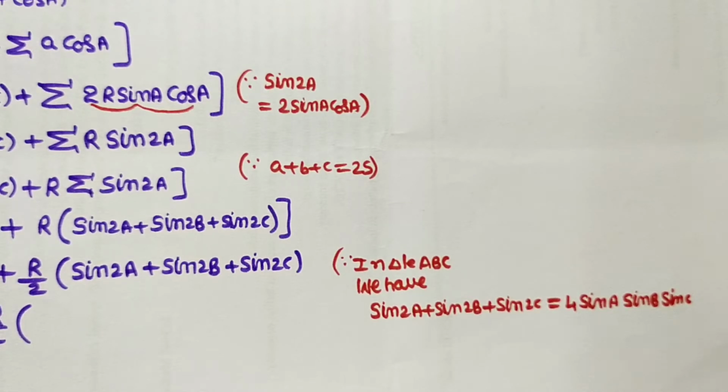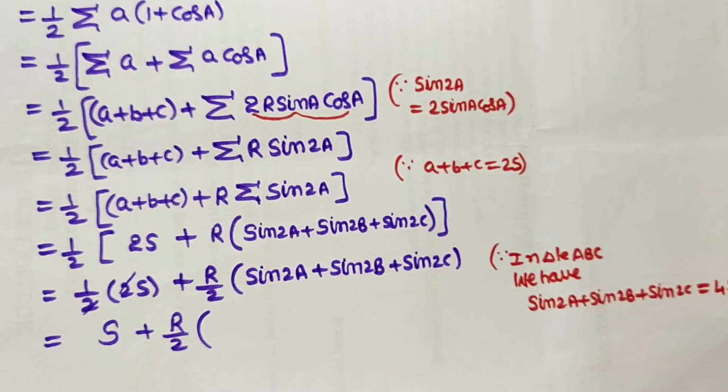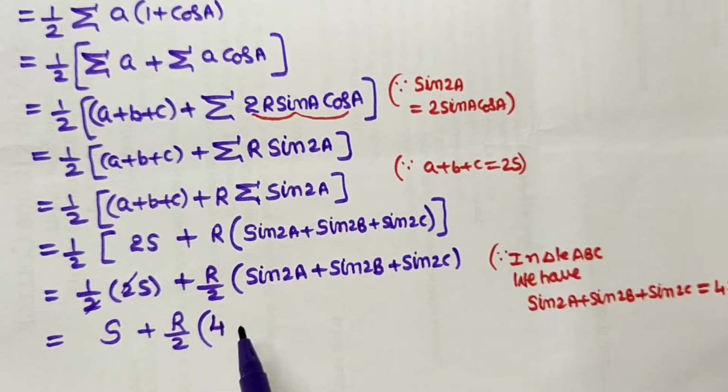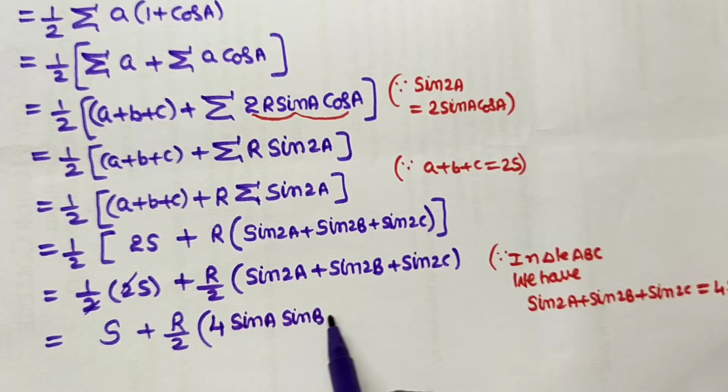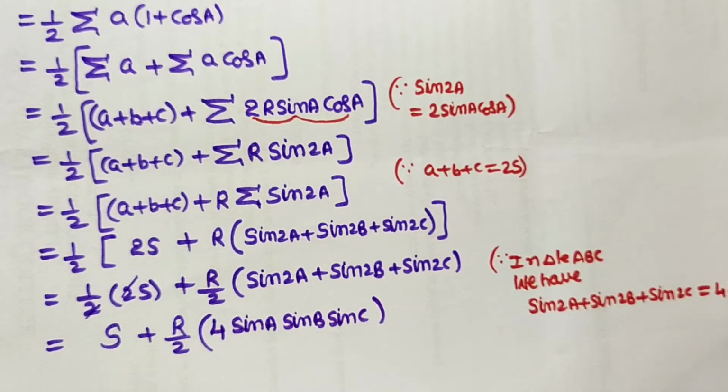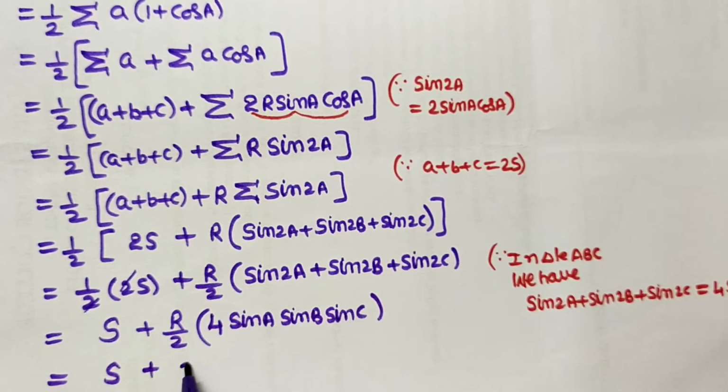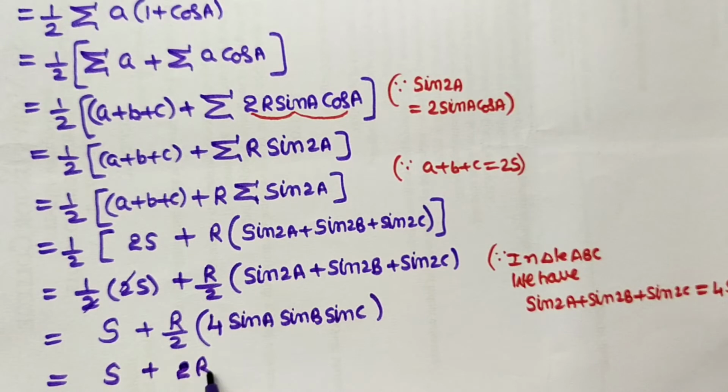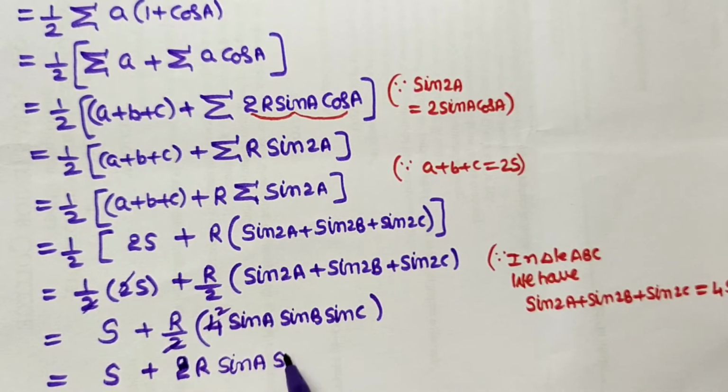Now in place of sin 2A plus sin 2B plus sin 2C, you have to replace 4 sin A sin B sin C. So dividing by 2, it becomes S plus 2R into sin A sin B sin C.